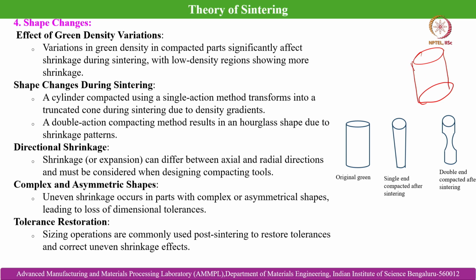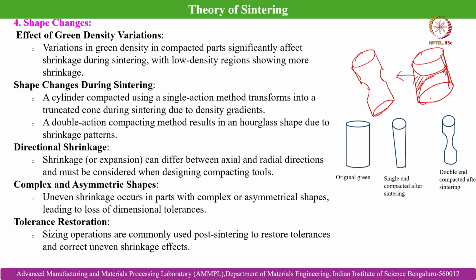Even in the case of double acting presses, there are some corners which can be left behind, and then during sintering the part can achieve this dog bone kind of shape, because of the weak regions where there is lesser green density. There it can experience higher shrinkage.